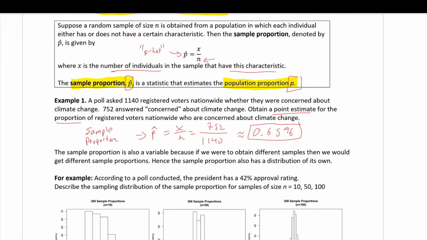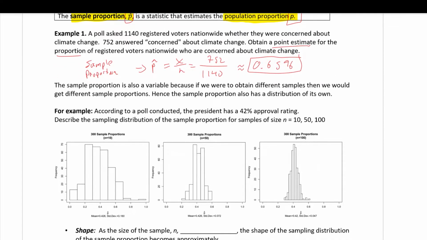It might be 760, it might be 730, it might be 745. It might be close to 752, but not necessarily exactly 752. So if sample proportions vary from sample to sample, the sample proportion has its own distribution, which is illustrated below with a different example.